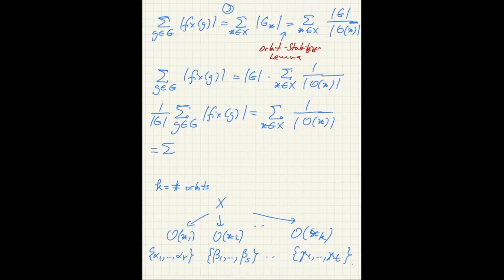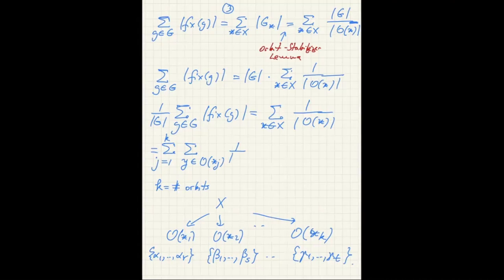So it's going to be a summation over j going from 1 to k of the summation over an element, let's call it y, in the orbit of xj of 1 over the cardinality of the orbit of y.